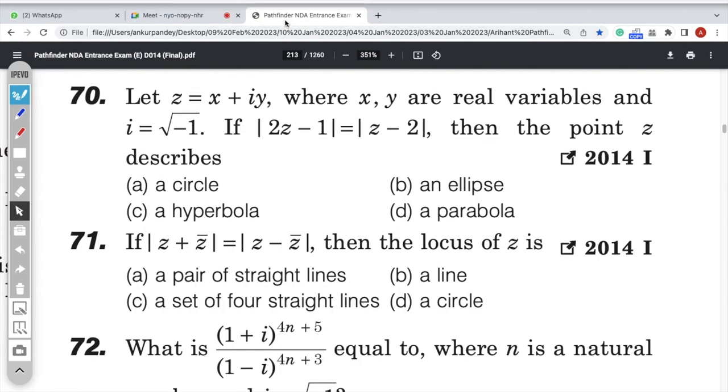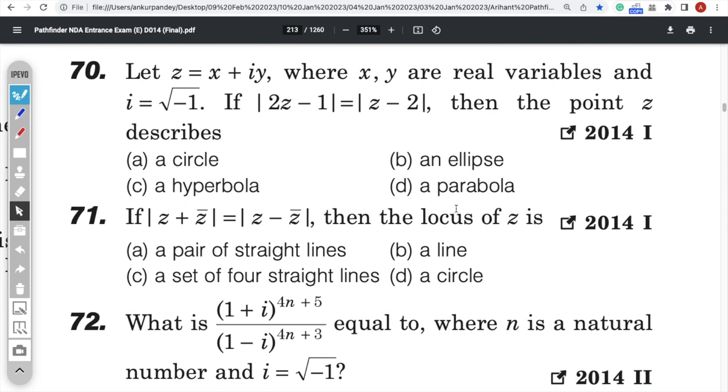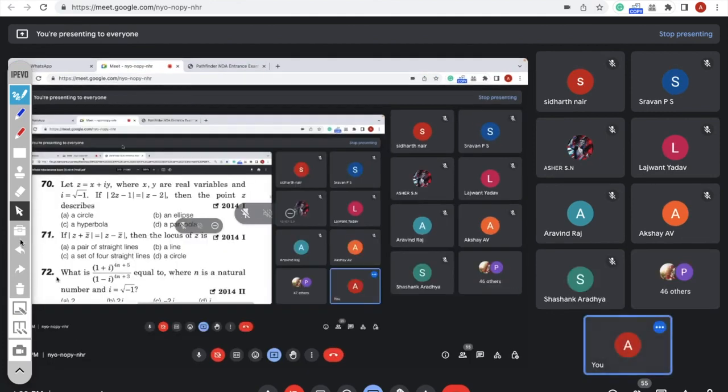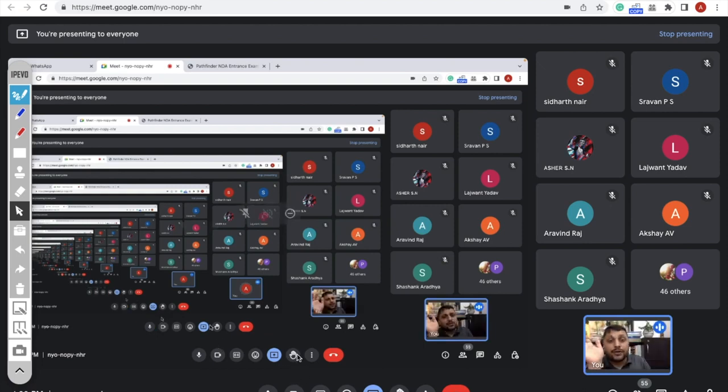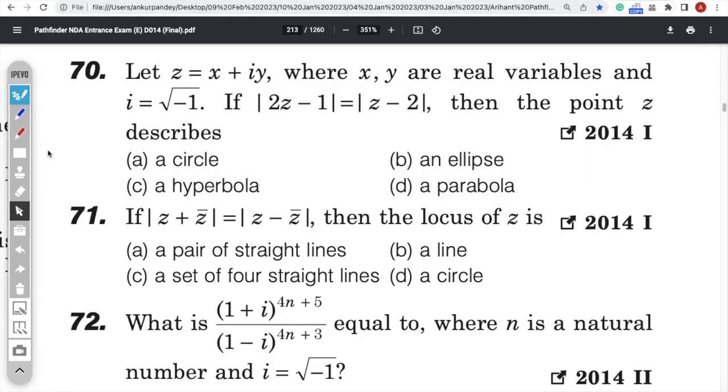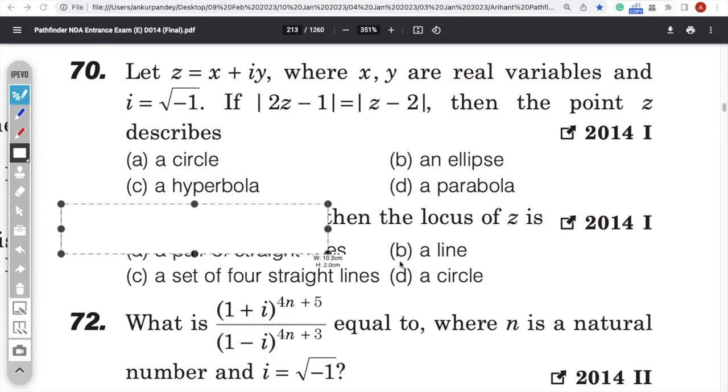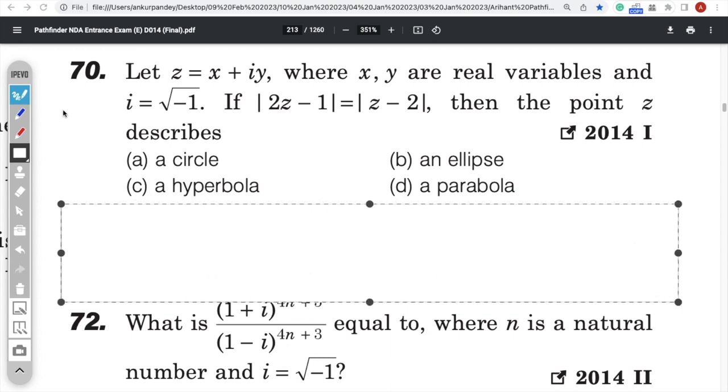Sir, 70 is a circle. 70 is a circle, good, great, easy. For everyone else, there is nothing in the question.